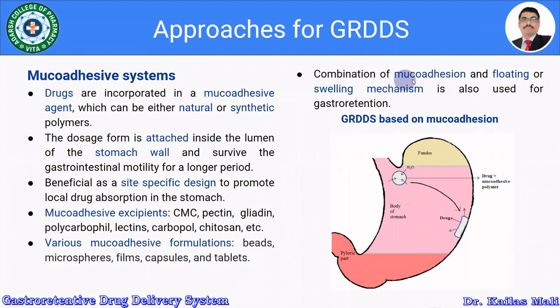Also, a combination of mucoadhesion and floating or swelling mechanism is used for gastroretention. That is, two or more mechanisms are combined with the mucoadhesive system to ensure the retention of the formulation in the stomach. So this is about the mucoadhesive system.